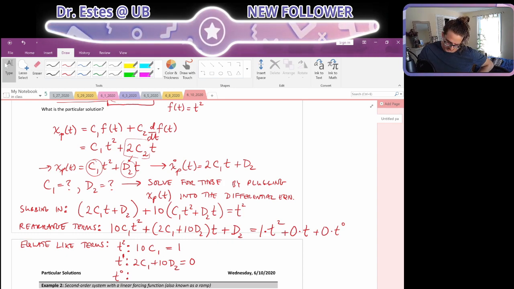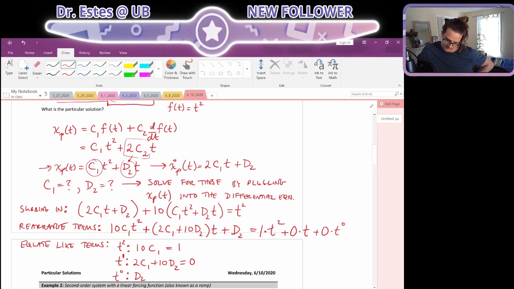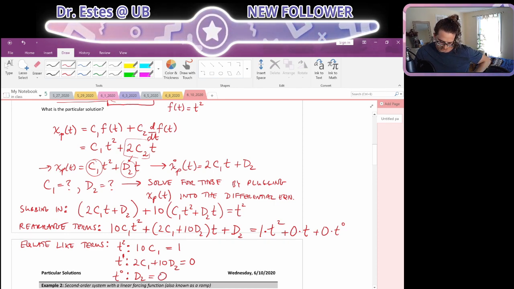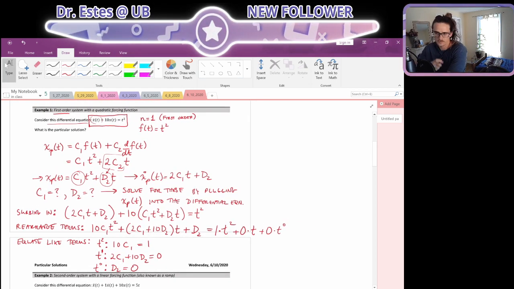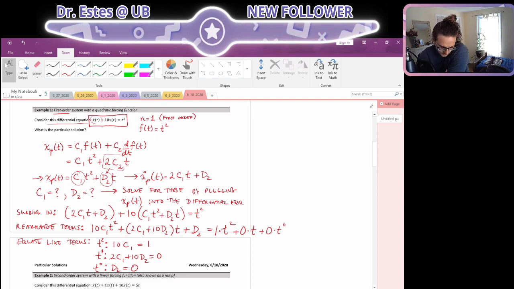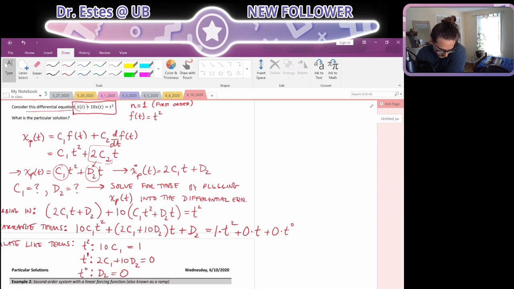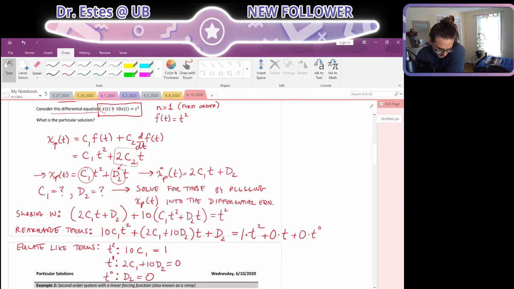So it looks like I have D2 on the left-hand side, and that's going to be equal to 0 on the right. But that would mean that D2 equals 0, and then that would also imply that C1 equals 0. But that can't be. I must have made a mistake in here.